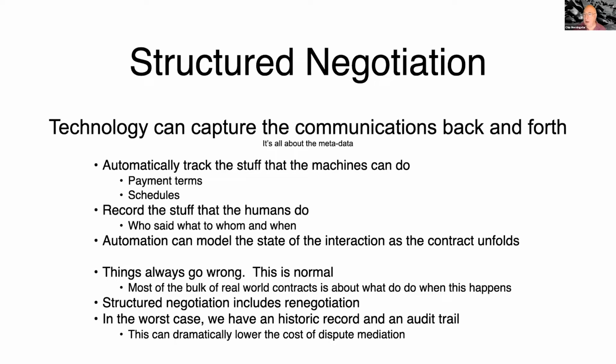If you look at what's actually in the bulk of the text of contracts that people do the traditional way, a huge fraction of it is about what you do when things go off the rail. And so the structured negotiation machinery has to include facilities for renegotiation.